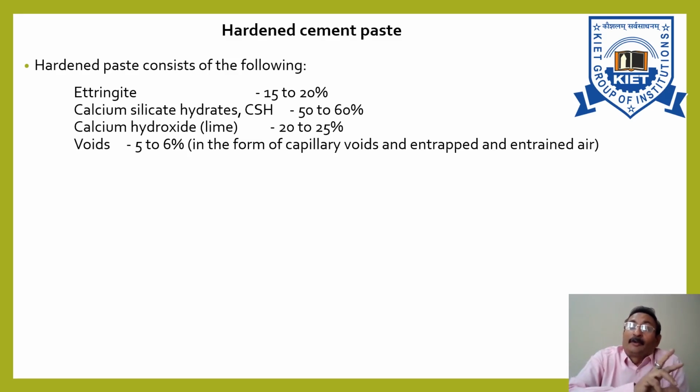So we can take the average of this. On an average, 23% water by weight of cement is required for chemical reaction with Portland cement.